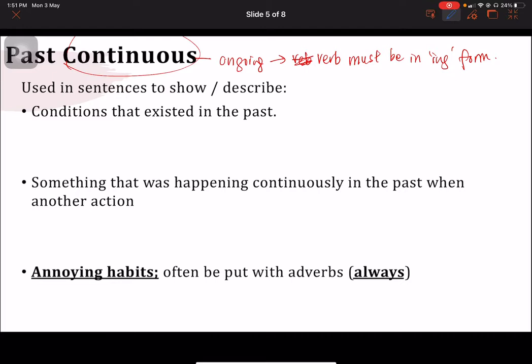So let's look at the first one, conditions that existed in the past. Is it in the past? Is it existing in the past?